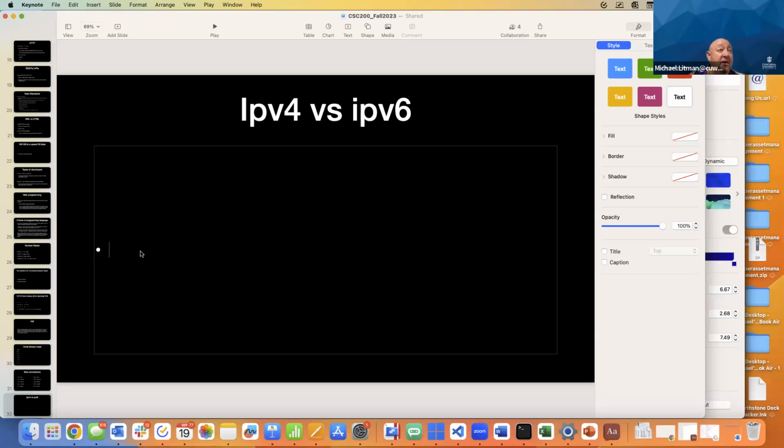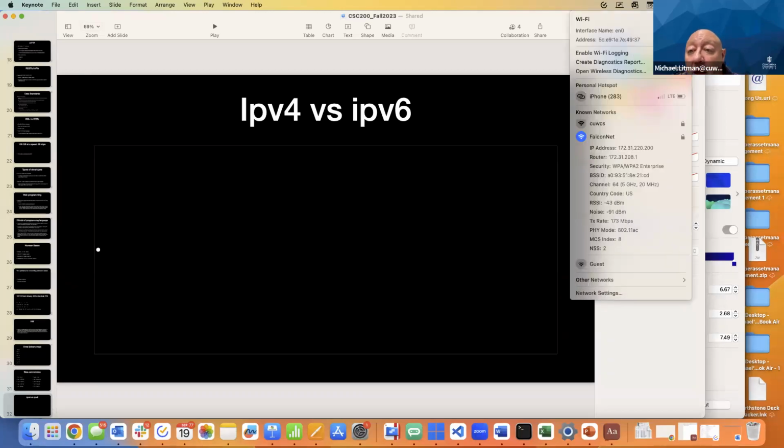Here on campus, if you have a 172 dot something number, let's see what I've got right now. Yeah, right now I have a 172 number. That's what's called a real routable IP address. So that actually is a number that is unique on the internet, but because I'm here on campus and we have something on campus called an edge router that protects my computer from getting bombarded from off-campus stuff, people can't hit my computer from out there.